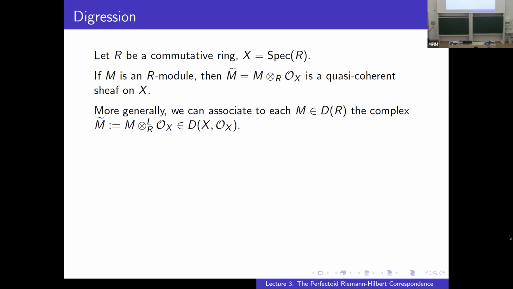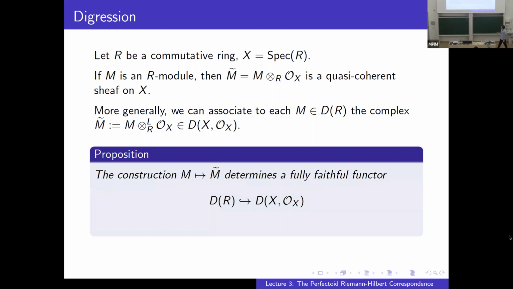Given a complex of R modules, you can tensor it with OX, and you get something that lives in the derived category of OX modules. And this construction actually gives you a fully faithful functor of derived categories. The derived category of the ring R embeds into the derived category of all OX modules. And the essential image is the quasi-coherent derived category.